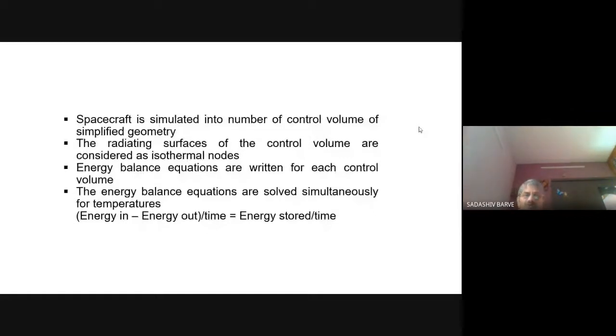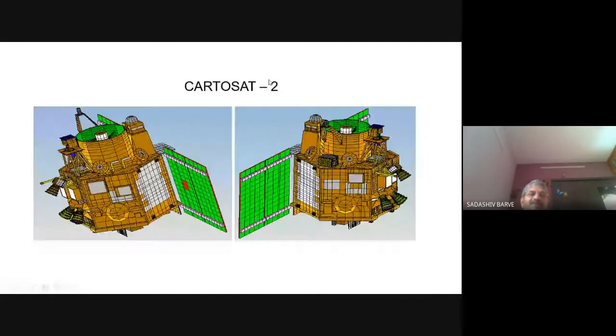Isothermal node means that, if you see any one surface, that particular rectangle is taken as a uniform temperature for radiation purposes. But theoretically speaking, there is a gradient from this particular element to this particular element.